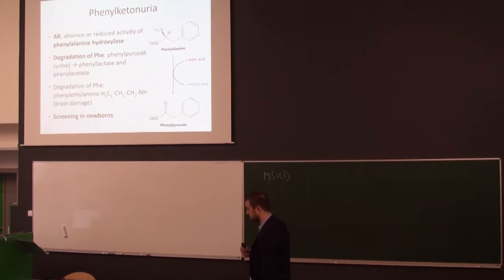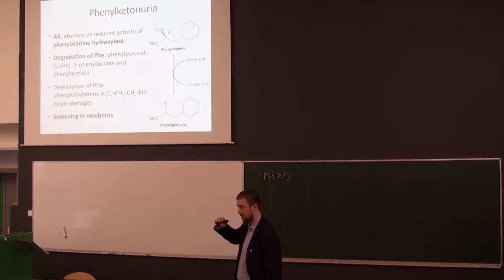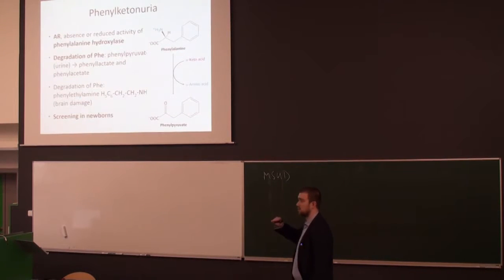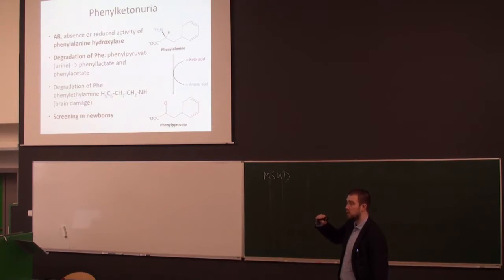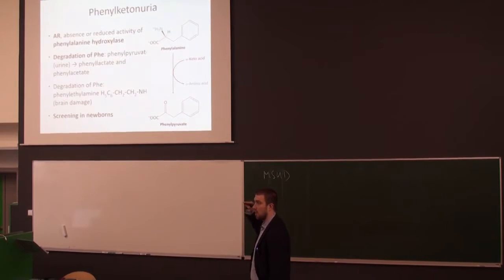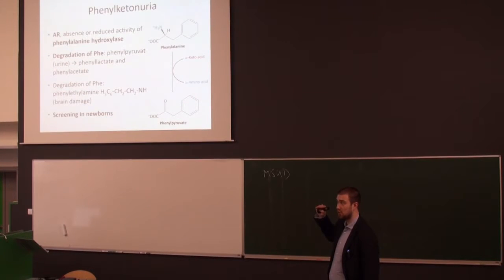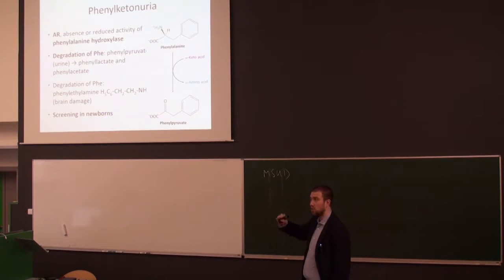And therefore, if the level of phenylalanine is high and it cannot be converted to tyrosine, you will produce an increased amount of this toxic compound, and it will lead to irreversible brain damage. And of course, especially susceptible to this damage is the developing brain during the newborn period and during childhood.